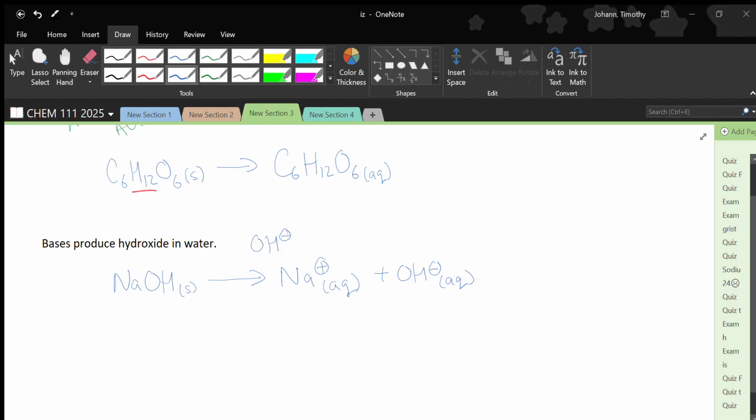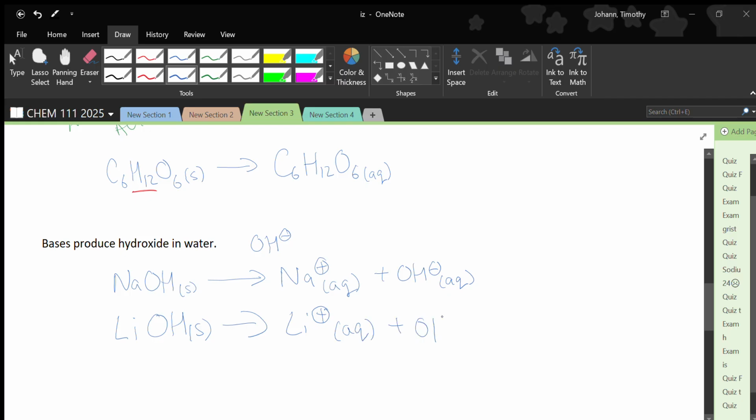If you make anything that has a sodium, a lithium, a potassium, a rubidium, a cesium, a francium, any of those things in that column, regardless of what the anion is, they're going to dissolve and break up in water. Easiest rule on the solubility table. And so I can also do lithium hydroxide, and we're going to get the same sort of thing here.